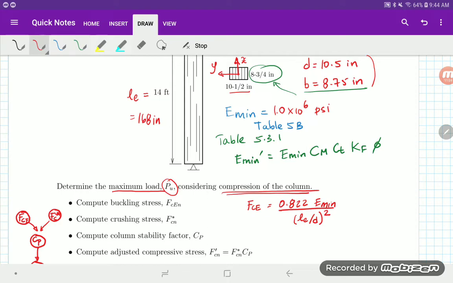So E min, which we had there in blue, was our 1.0 times 10 to the 6 psi. There's no C sub D here, just C sub m, which was 1.0. C sub t is 1.0, normal temperature conditions, and then 1.76 and phi of 0.85, which were the numbers I circled for LRFD, 1.75 and 1.76, right? Let's check.